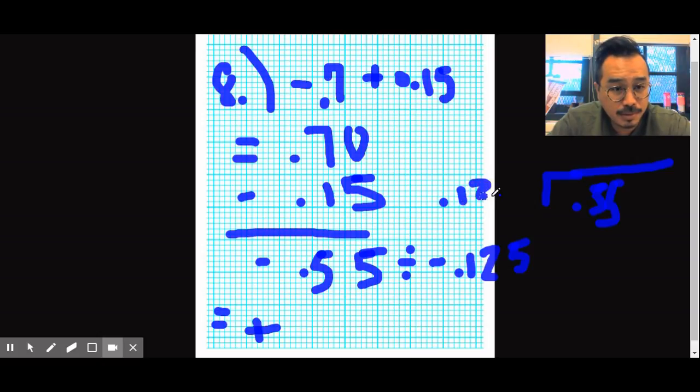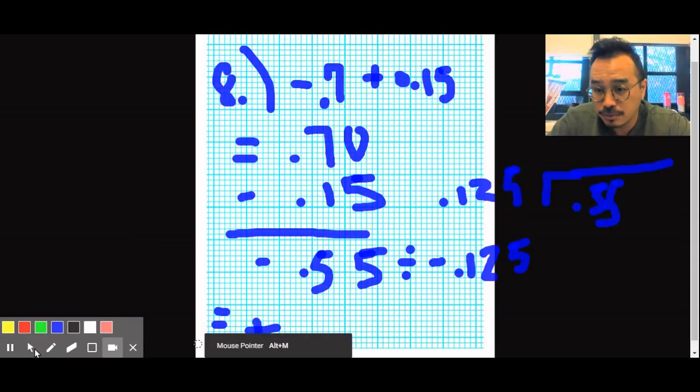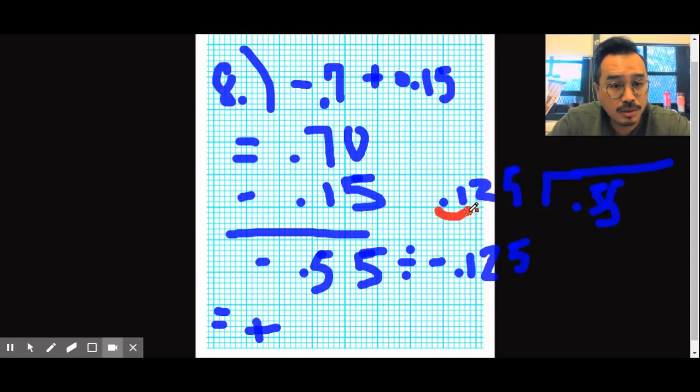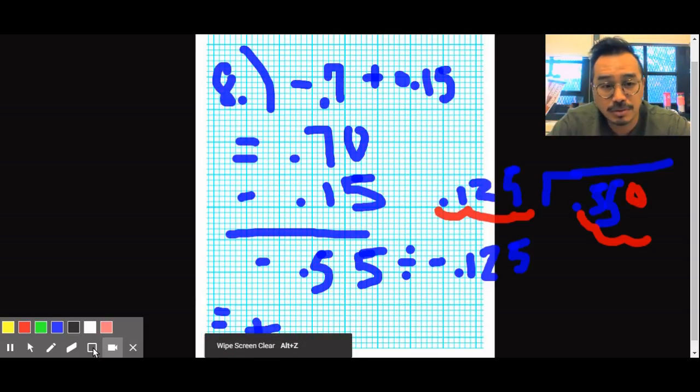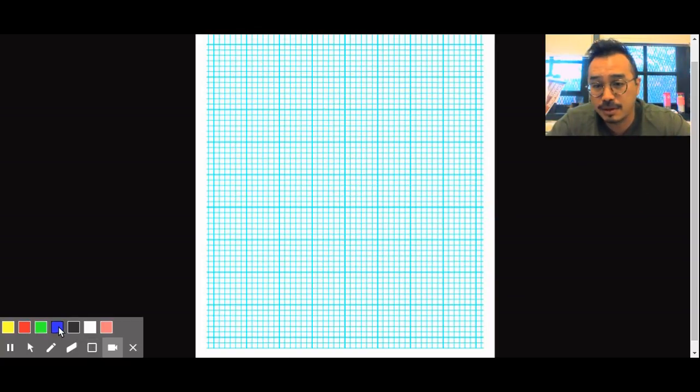Now, if you remember the lesson where Ms. Aniela talked about moving the decimal point, you're going to move the decimal point many places. So here you're going to move it 3 places. 1, 2, 3. Same thing here. 1, 2, 3. So essentially this is 550 divided by 125.